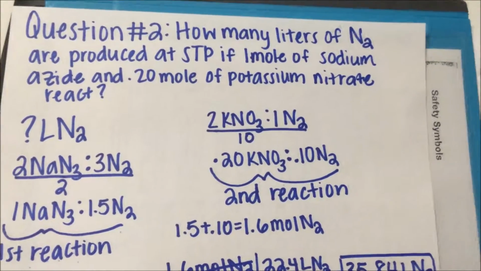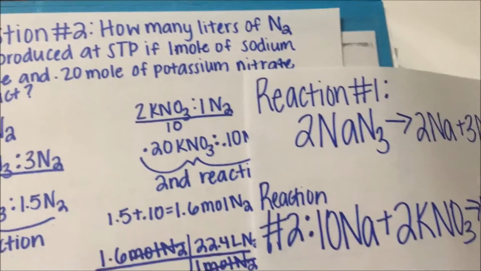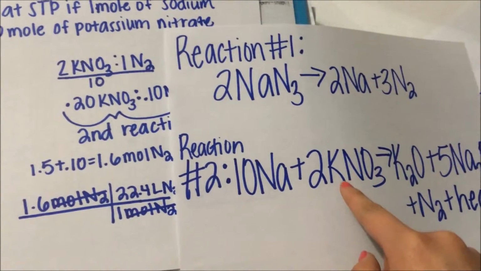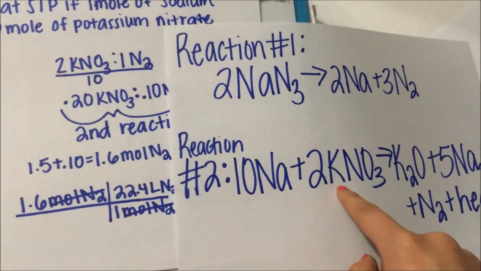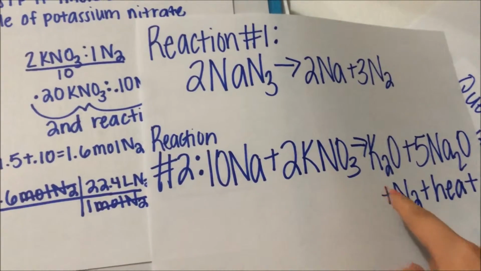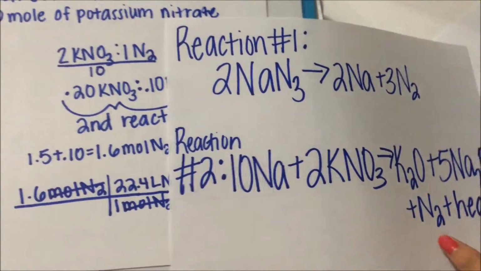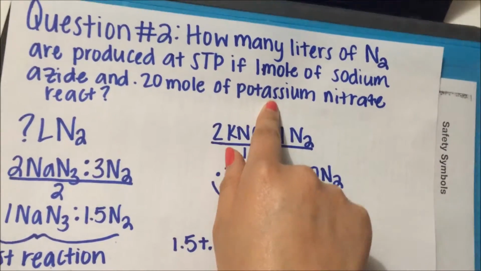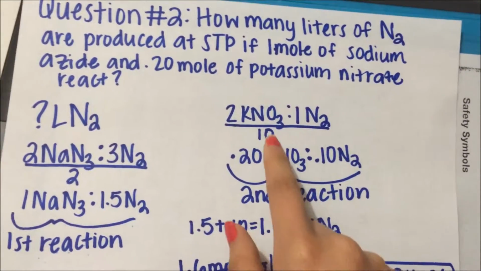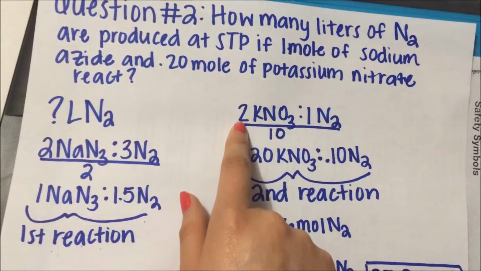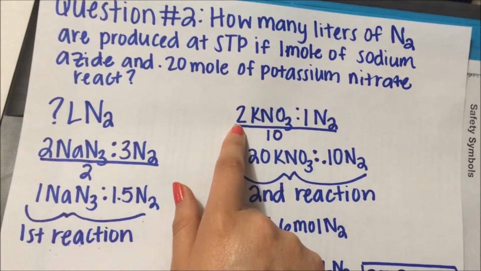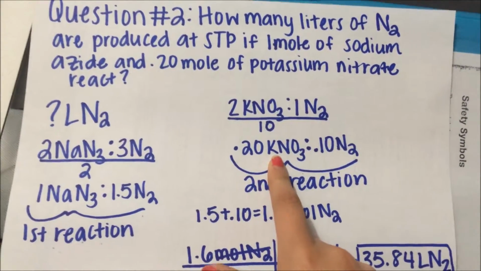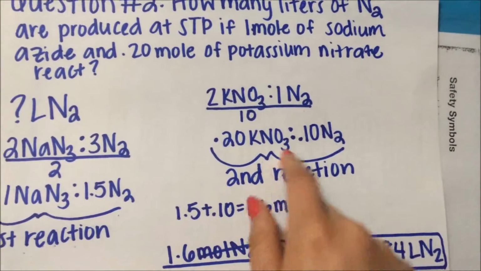In the second reaction, we have 2 moles of potassium nitrate and 1 mole of nitrogen gas. But we need 0.20 moles of potassium nitrate for this question. To get 0.20, we can divide 2 by 10, and that gives us 0.20 moles of potassium nitrate.